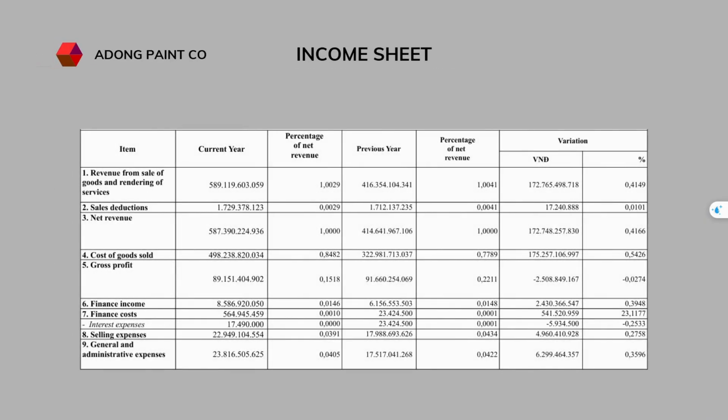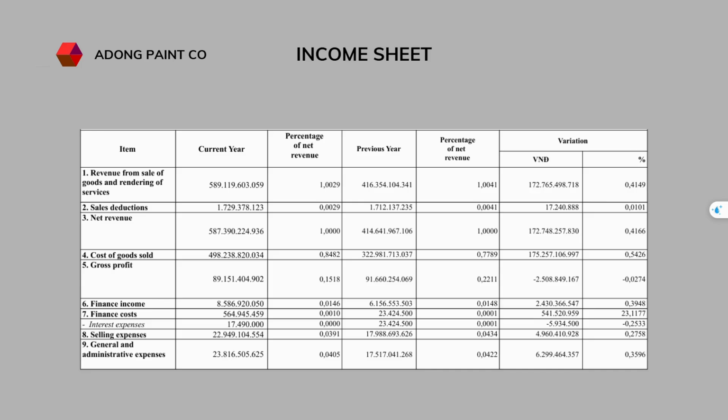Next, we have the income statement. The income statement shows the financial performance of the company over a period of time. It measures revenues and expenses, including revenue, cost of goods sold, operating expenses, financial costs, and tax expenses.